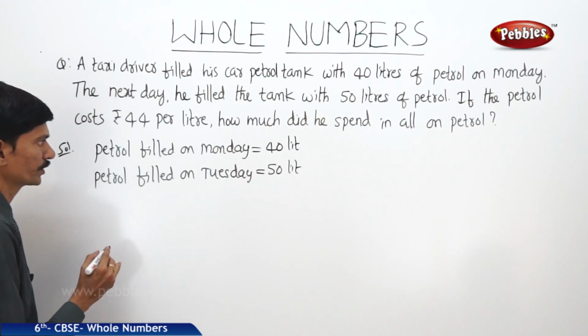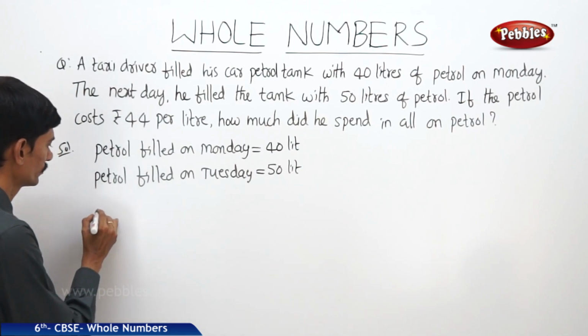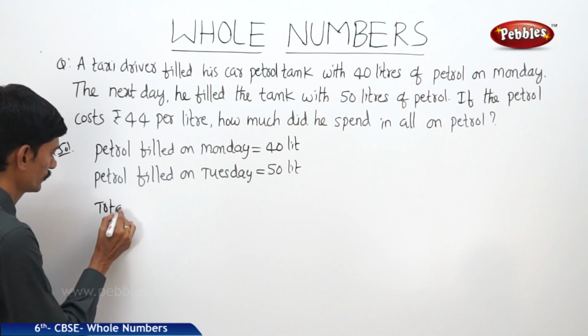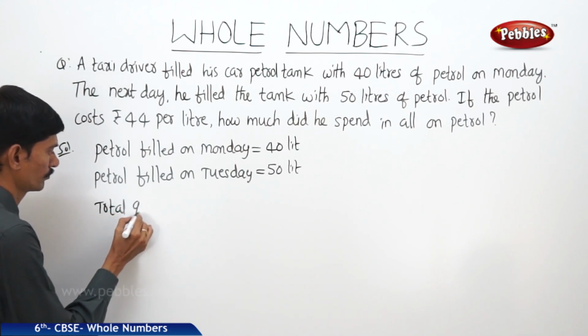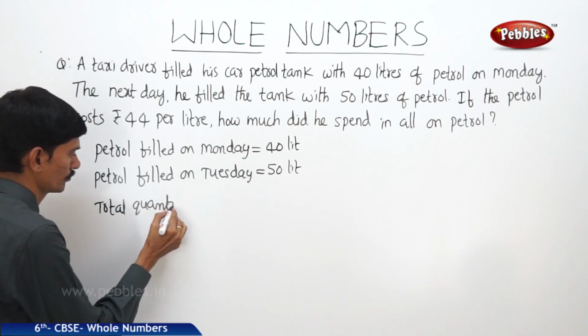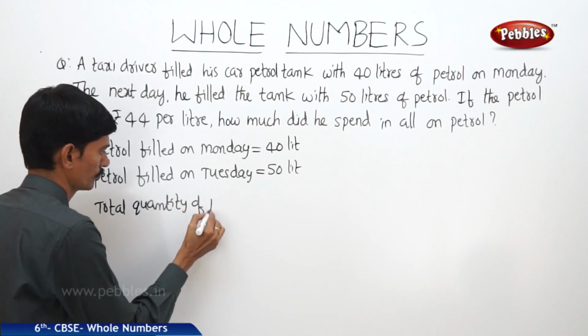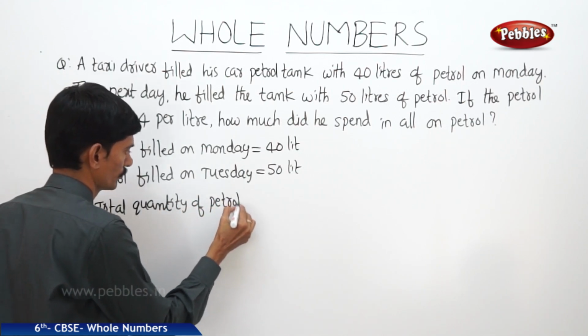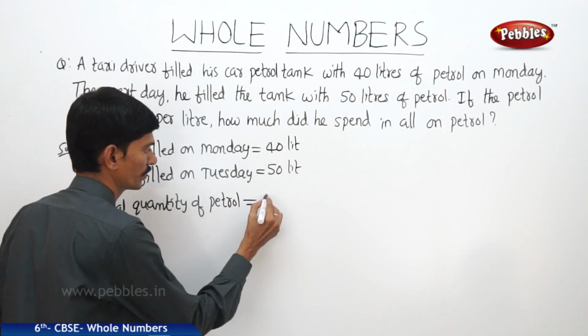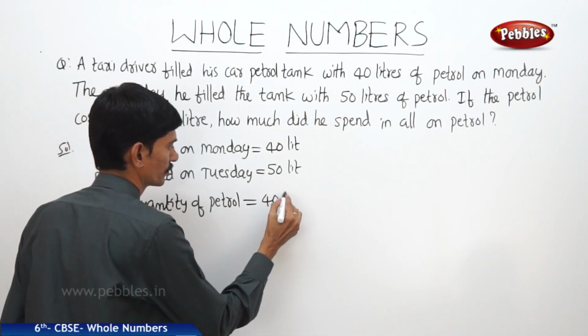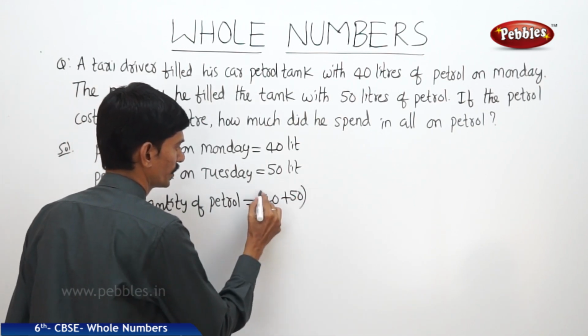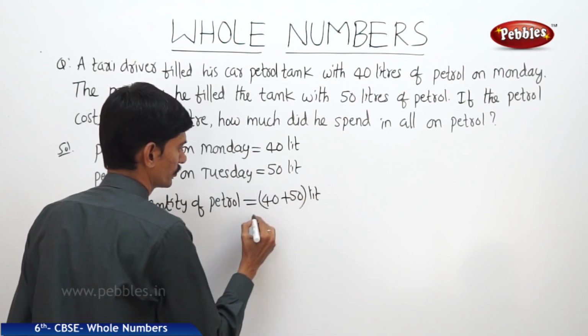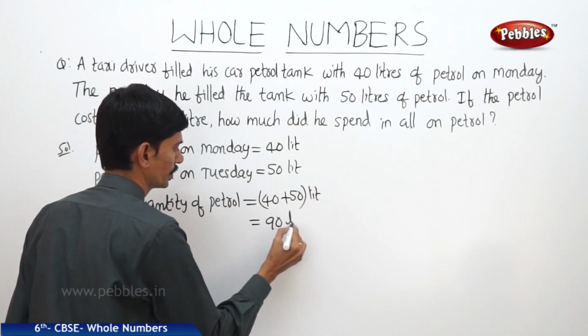Now the total quantity of petrol equals 40 plus 50 liters. So this equals 90 liters.